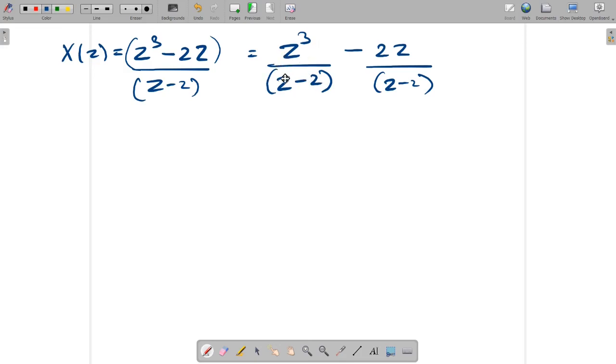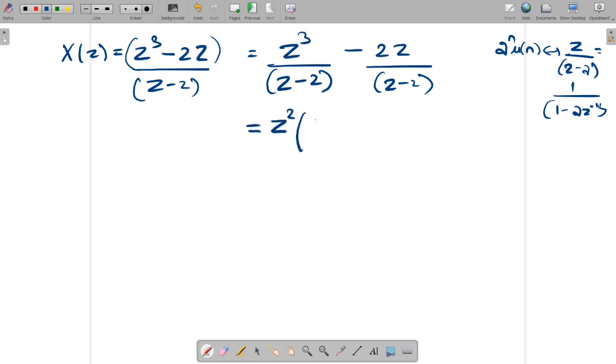I know the z transform of a raised to n u of n is z upon z minus a, or 1 upon 1 minus a z inverse. I don't have z upon z minus a directly, so I will write z square into z upon z minus 2, taking out one z, minus 2 z upon z minus 2.